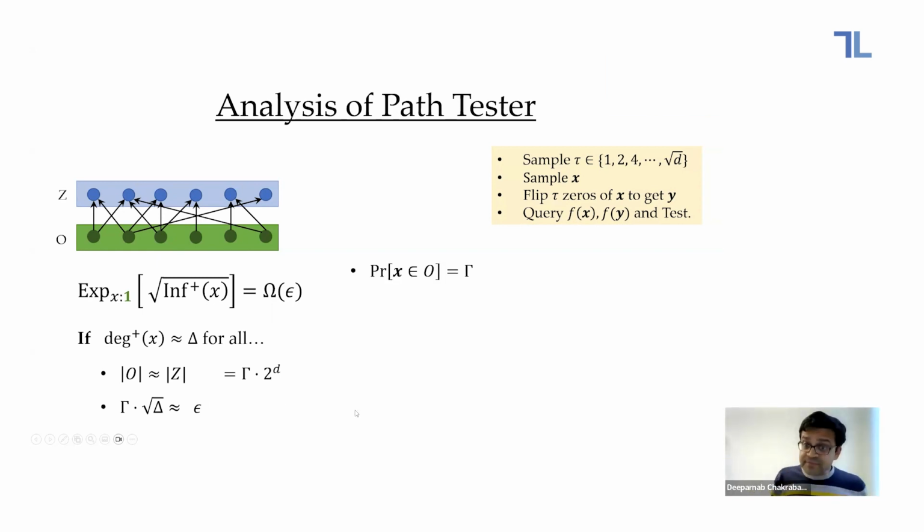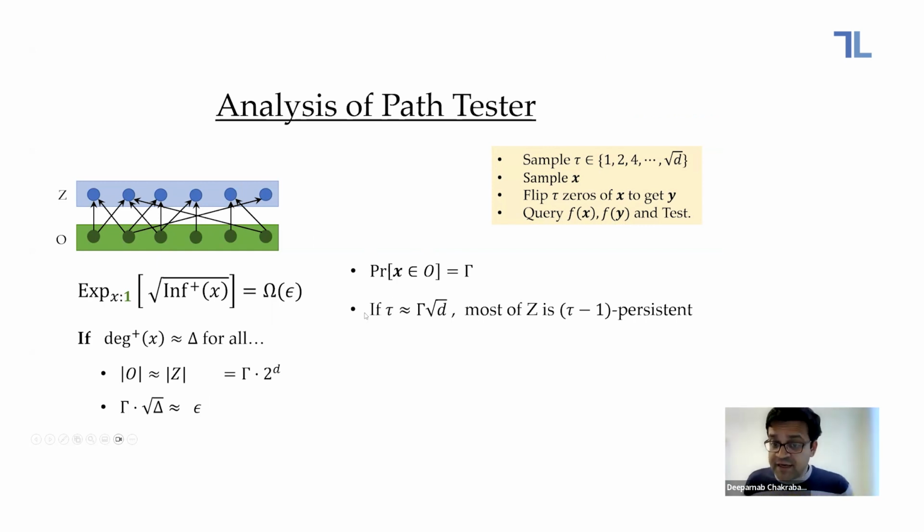So this is a tester. What's the chance that I pick X here? Well, that's gamma by definition. And I know that if the number of steps that I take is roughly gamma root D, or it should be gamma root D by 2, then the fraction of non-persistent tau is roughly less than gamma by 2.